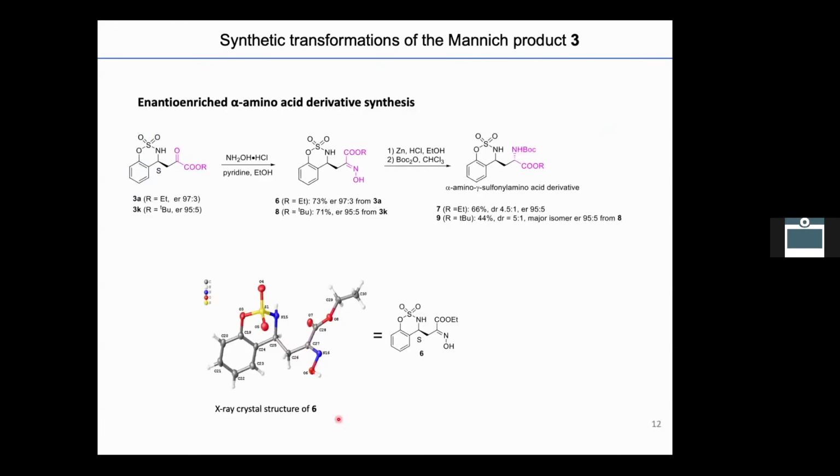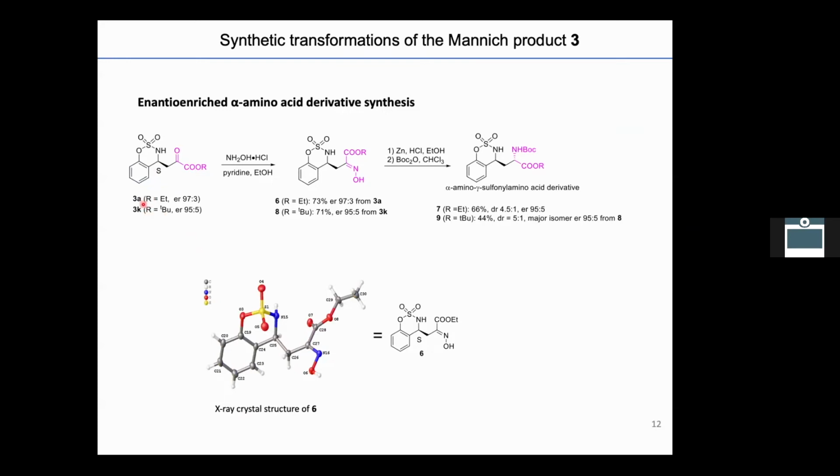With that, various substrates were also done that I'm not showing here. But one of the applications that I mentioned before is that we could easily make amino acids from it. And that is also very important, not only for commercial applications, but also for biological applications. So here is one of the schemes.